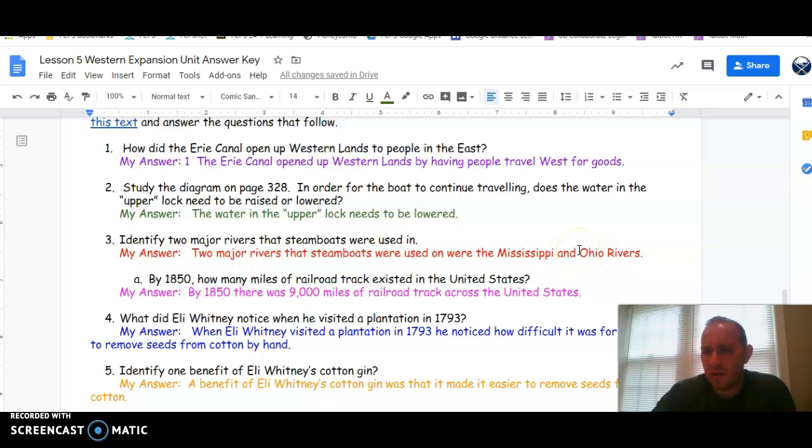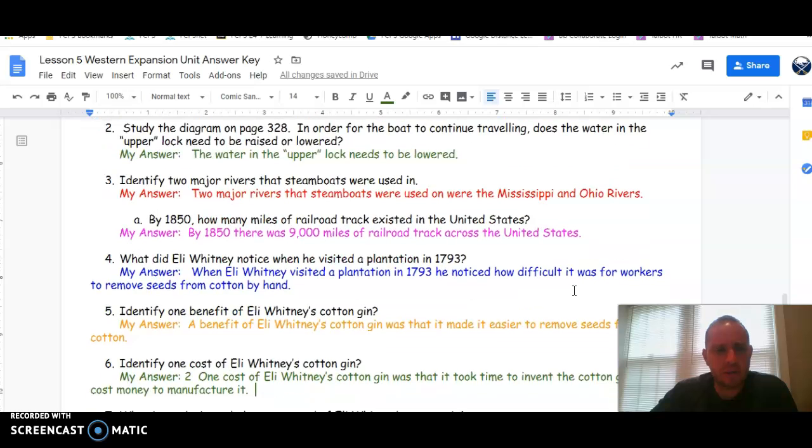So don't think of steamboats as a type of invention that was on every waterway. The waterway had to be wide and deep and not rocky at all for the steamboats to be able to be used. By 1850, 9,000 miles of railroad track were laid across the United States. Obviously, that's going to eliminate the need for overland trails and make Western expansion much faster and cheaper.